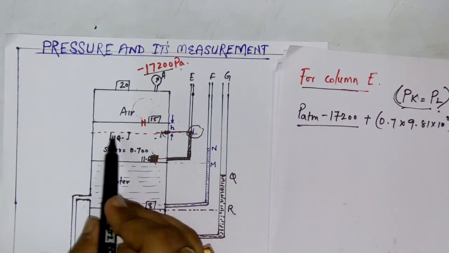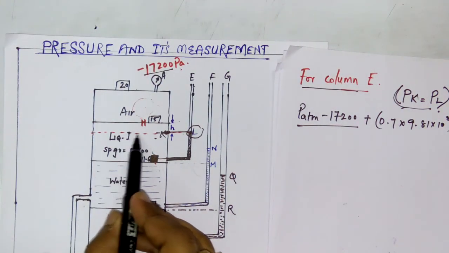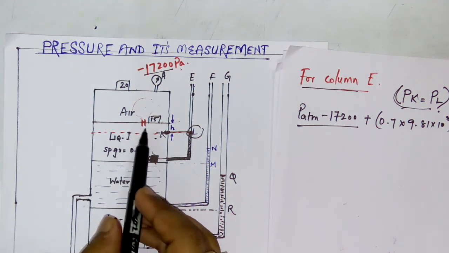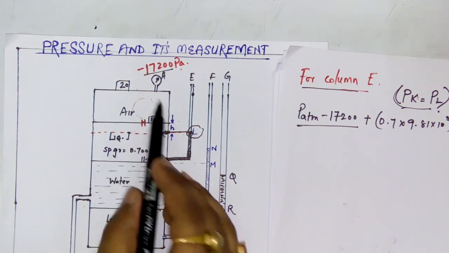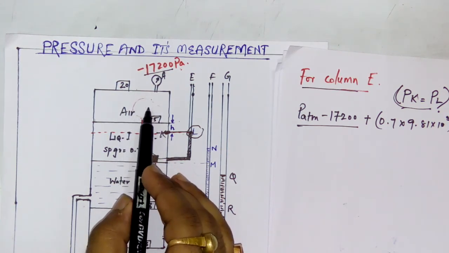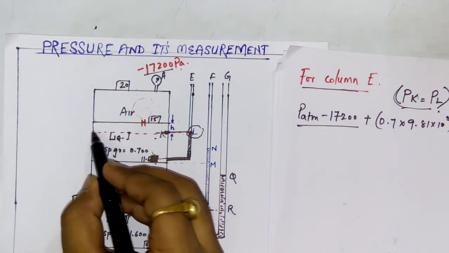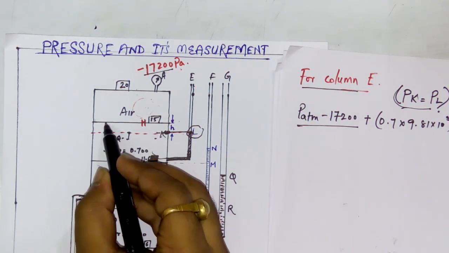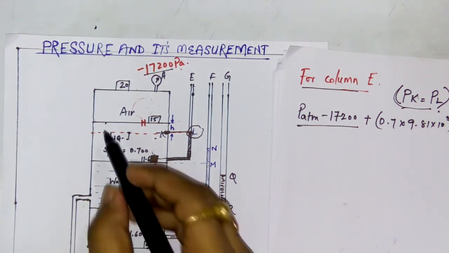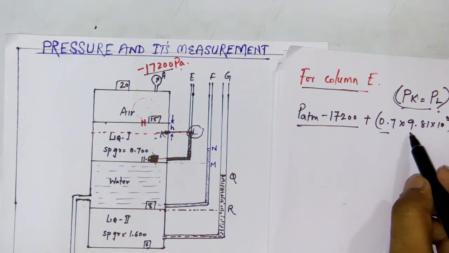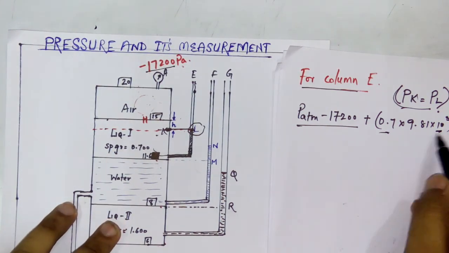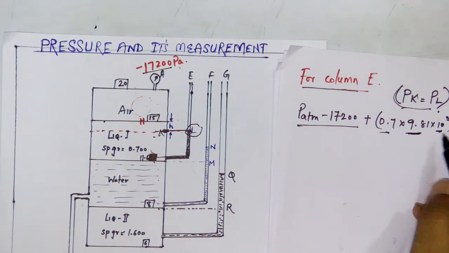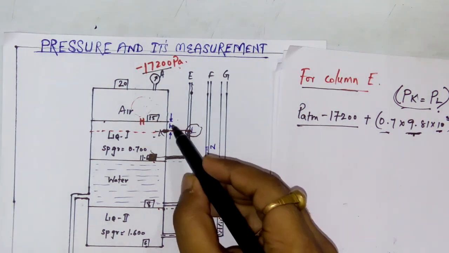I want to find the pressure at this level, this dotted red line. It is nothing but the absolute pressure in this system plus the pressure due to this liquid column, which is h rho g, that is 0.7 specific gravity multiplied by 1000 to find its density, into g, 9.81, into h. h is this height.